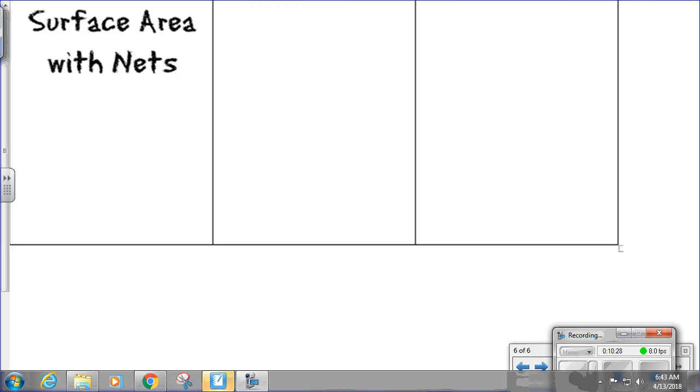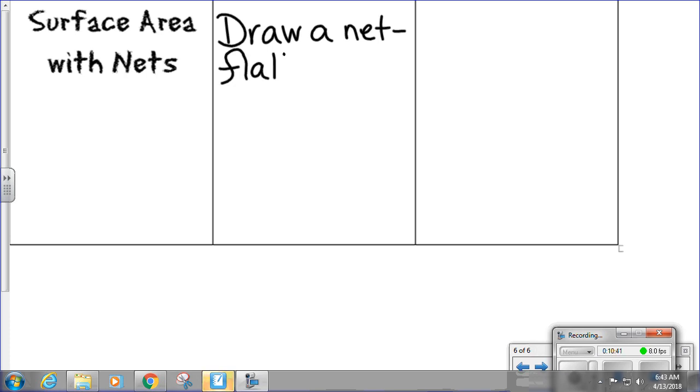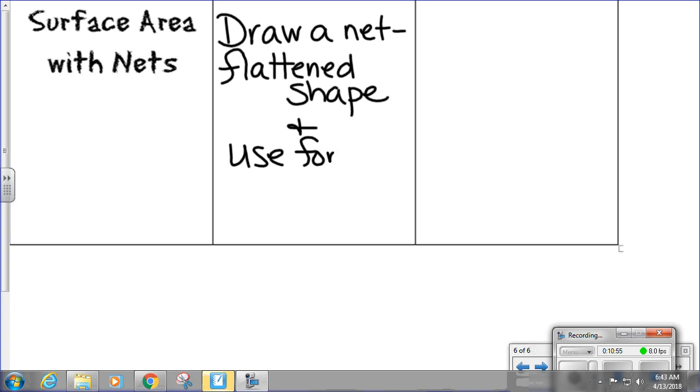And lastly, you would have a surface area with nets. First thing you will do is to draw a net. A net is a flattened shape. Imagine unfolding a cereal box. What does it look like when it's flat? So it's a flattened shape, and you use formulas.